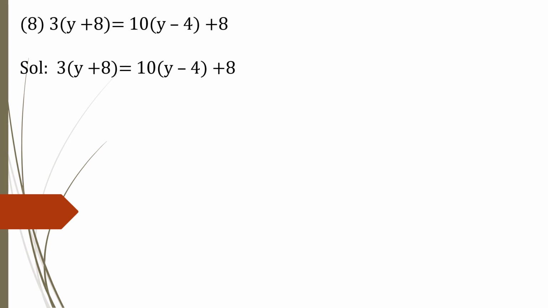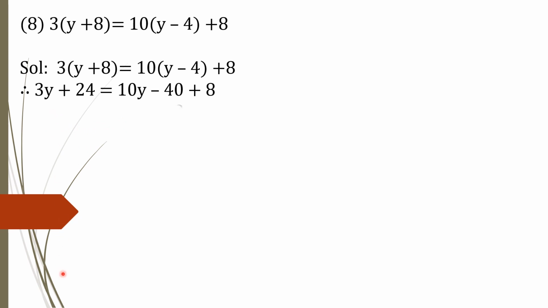So it will become, next step we'll get, therefore 3 into y, 3y, plus 3 into 8, 24, equal to 10 into y, student, you will get 10y, and 10 into minus 4 you'll get minus 40, and plus 8 as it is you'll write. Now student, what you'll do, you'll bring this variable to the left hand side.